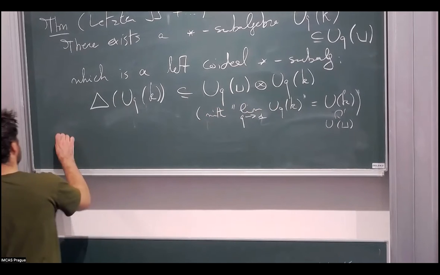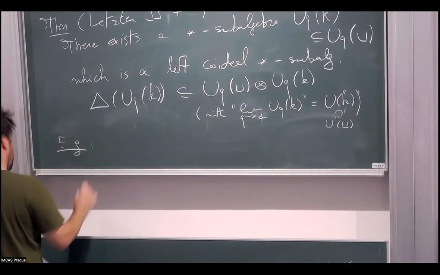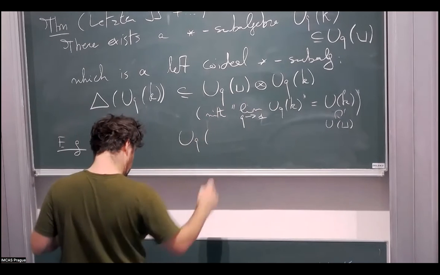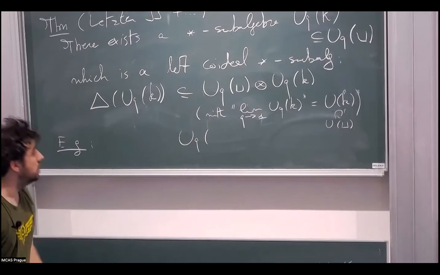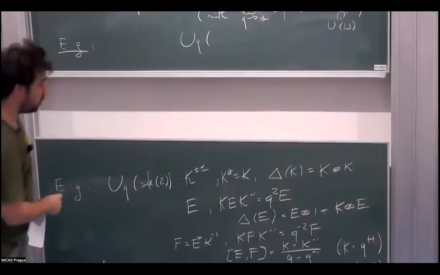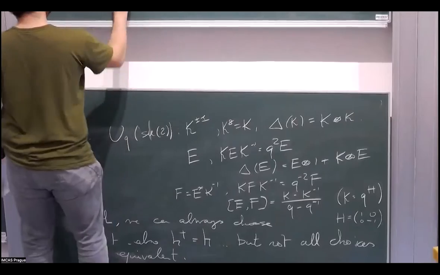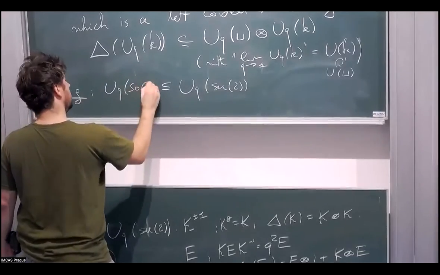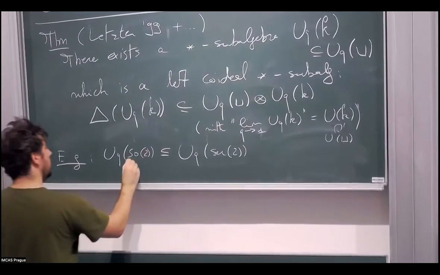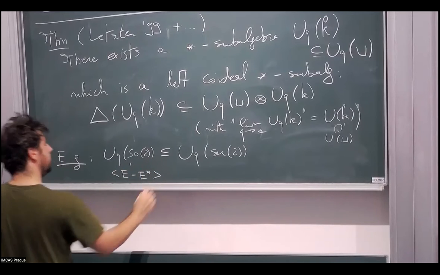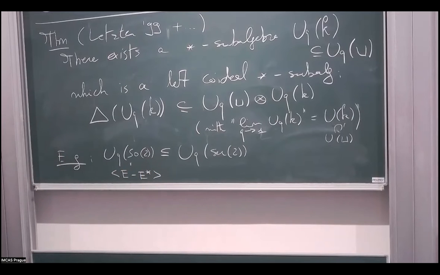So for example, if we look at UQ of SU2 that I have introduced here, you can check just by looking at the form of the coproduct, which I wrote down, that you get inside what I can view as UQ of SO2, just as the commutative star subalgebra generated by E minus E star.